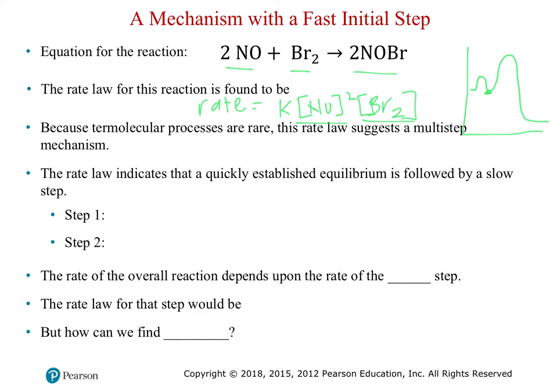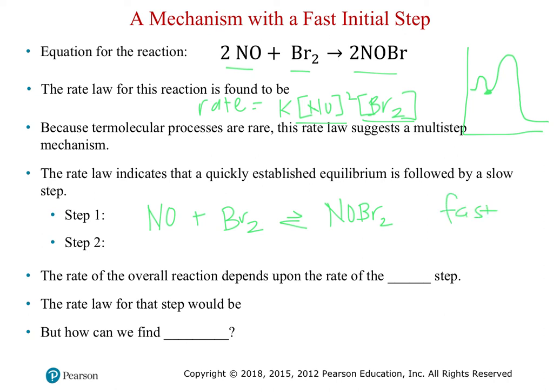So for this reaction, a first step could be that we have nitrogen monoxide plus bromine make an intermediate of NOBr2. And this step is that fast step.